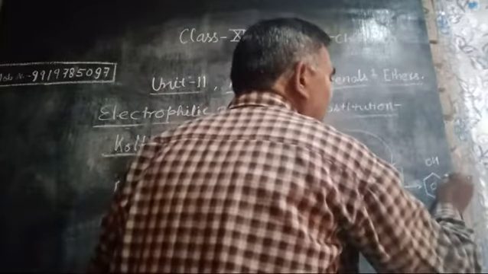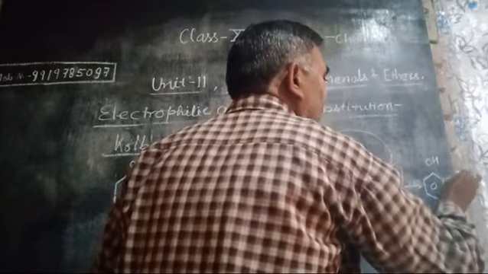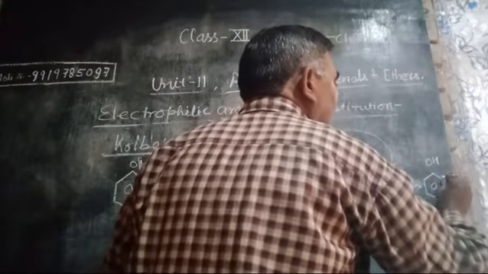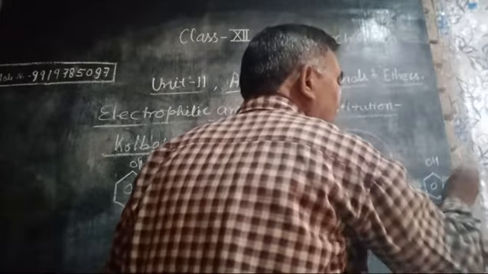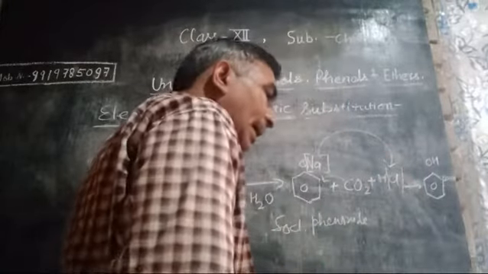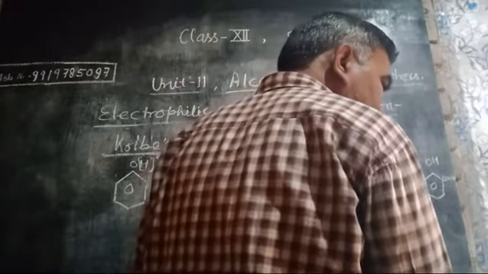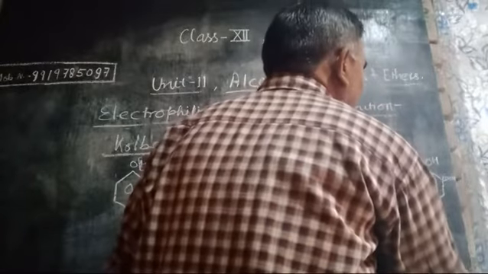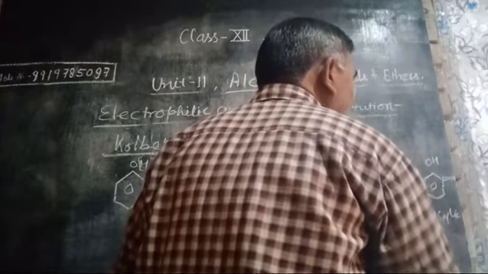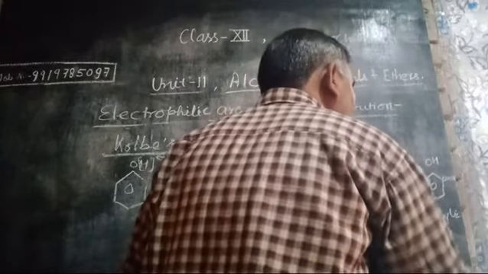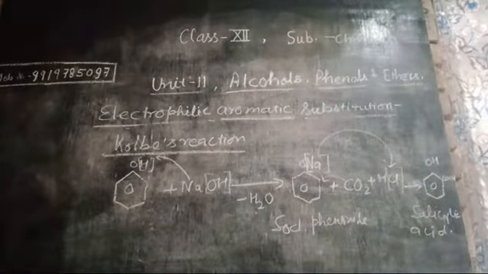And the compound formed has COOH, the carboxylic acid group. The name of this compound is 2-hydroxybenzoic acid or salicylic acid. That means you can obtain salicylic acid from the Reimer-Tiemann reaction as well as the Kolbe reaction, by two different ways.